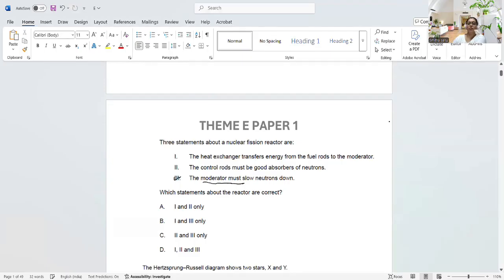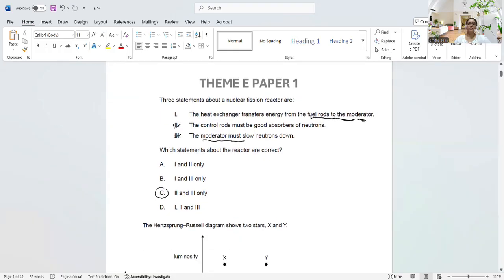The control rods must be good absorbers of neutrons, that is also correct. The heat exchanger transfers energy from the fuel rod to the moderator is not correct, because the energy is transferred from the fuel rod to the working fluid, the medium that absorbs energy. It's not the moderator that absorbs the energy. So the one which has only 3 and 2 is option C.